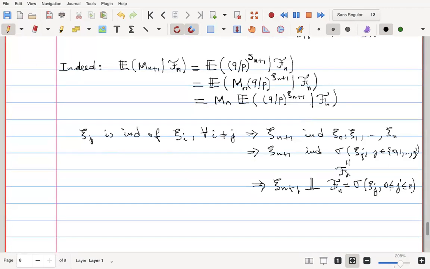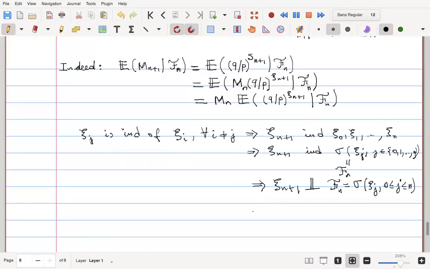So this being said, if this is independent of that, any measurable function or continuous function of this will still be independent of F n, right? Now, if you look at this, it's actually an exponential function of psi n plus 1.